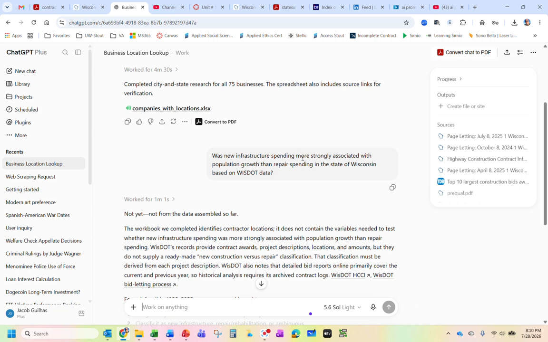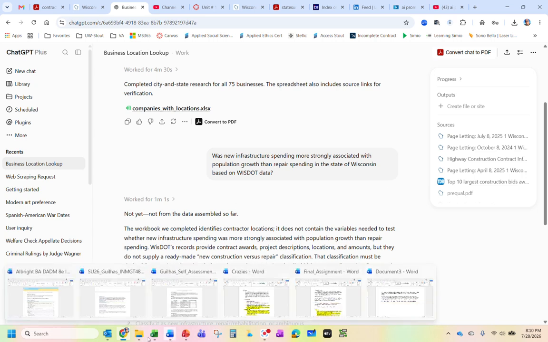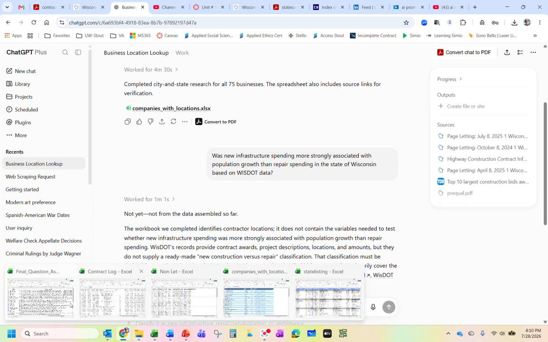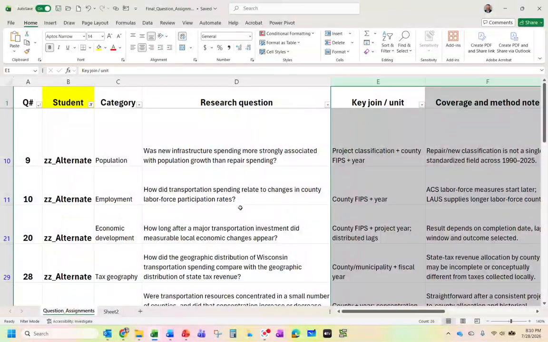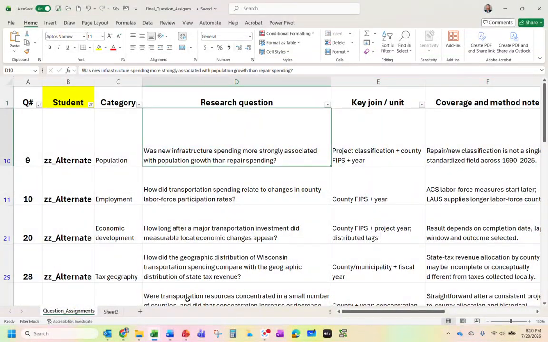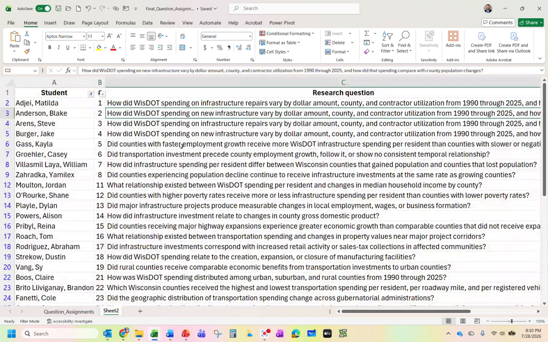I just copied and pasted that question, the more difficult of the questions, new infrastructure versus unemployment or population growth. This is population growth. I think I wrote it as unemployment.